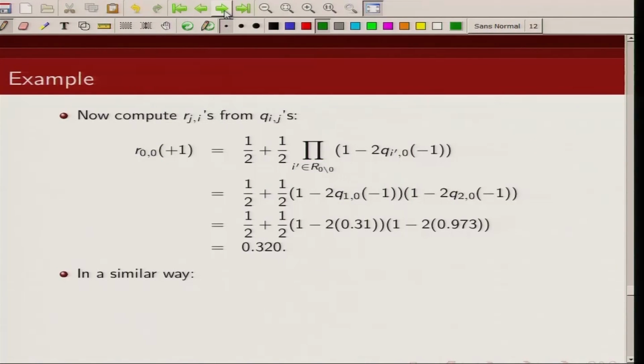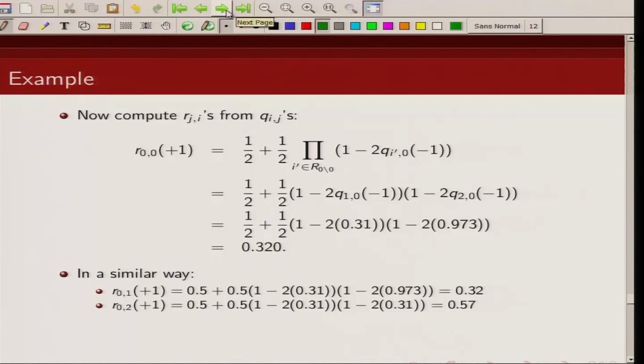And similarly we can calculate the other Rij's. I am not going into detail of that, it is just the same procedure repeated.